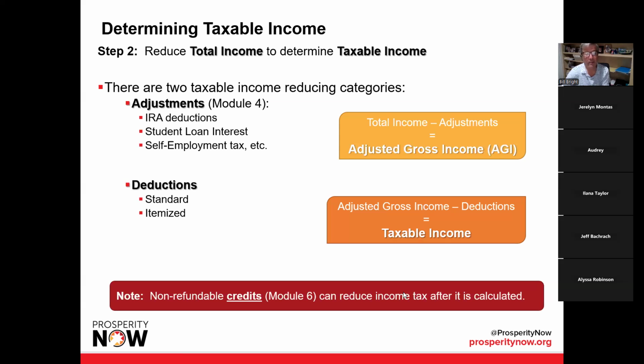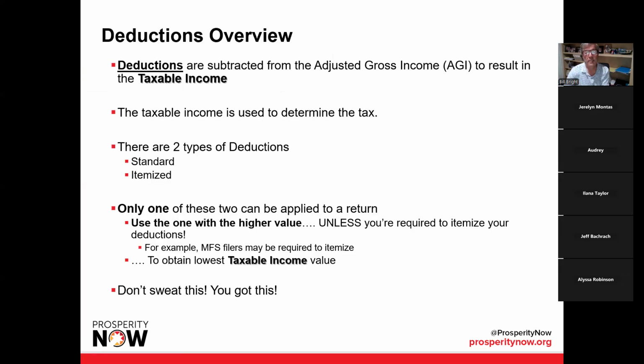And now we get into the standard and itemized deductions, okay, that will get us to the taxable income figure. So again, deductions are subtracted from adjusted gross income, which results in taxable income. And then taxable income is what is multiplied by the tax rate to get the actual tax that's due.